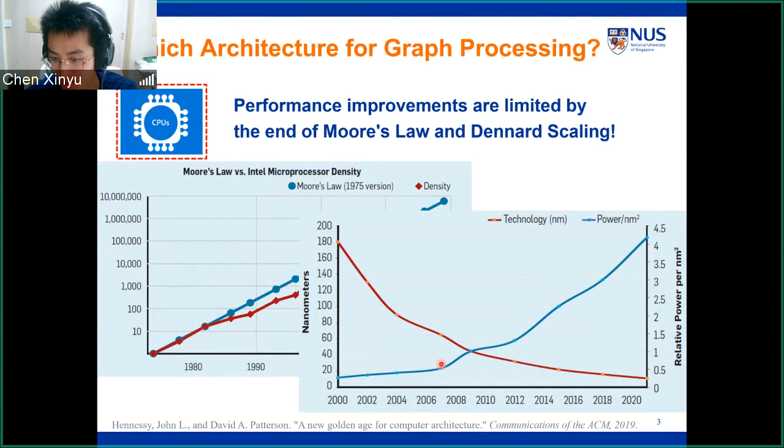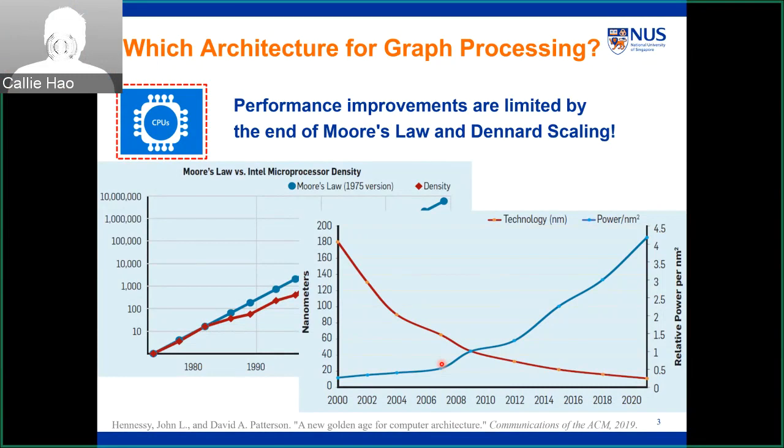Actually, it has increased significantly. That indicates the end of Dennard scaling, which means we will suffer from cooling problems on our chips. So all this indicates the performance of CPUs or successive CPUs is not going to be improved significantly.